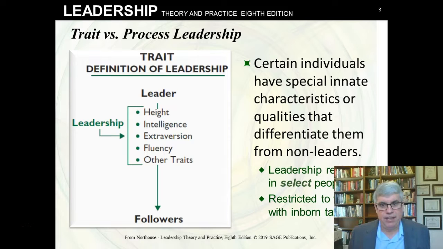And this picture shows some of the traits and characteristics that are associated with leadership, such as height, intelligence, extroversion, verbal fluency, and there are a bunch of other traits that we tend to associate with leaders. In the trait approach to leadership, leadership consists of having these characteristics, these traits, and that's what influences followers.